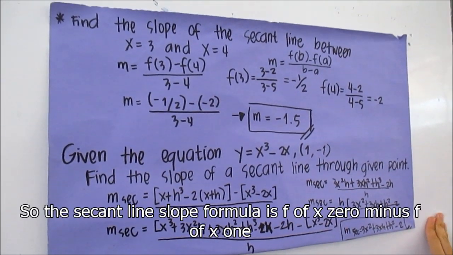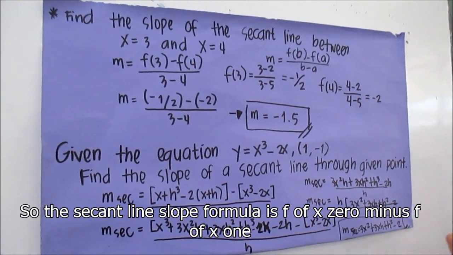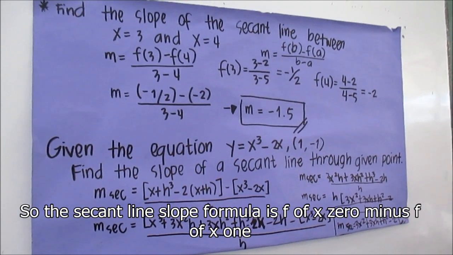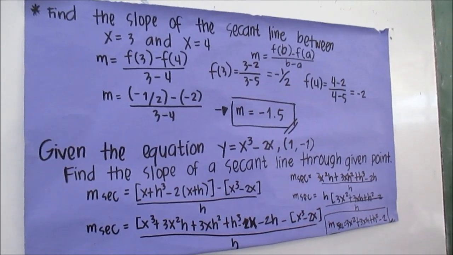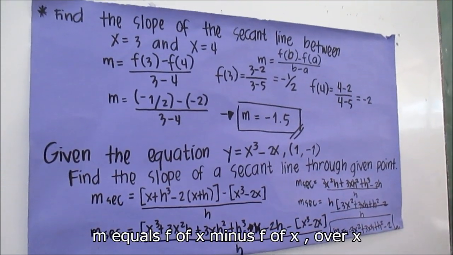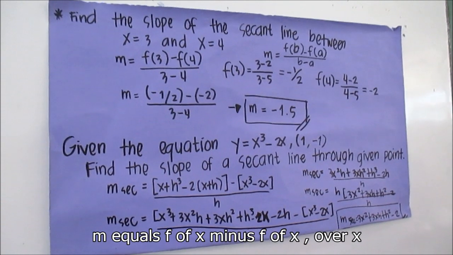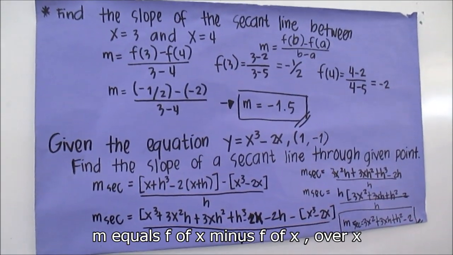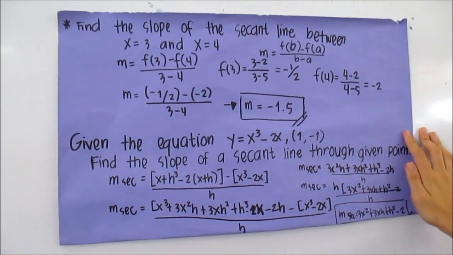So the secant line slope formula is m equals f of x minus f of x1 over x minus x1.